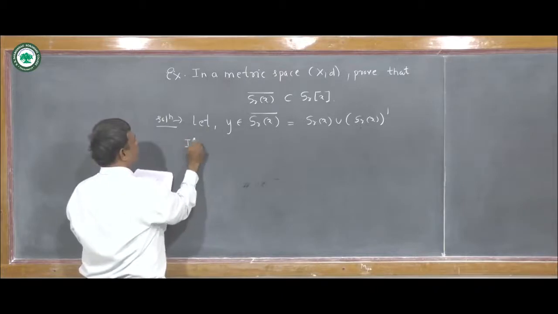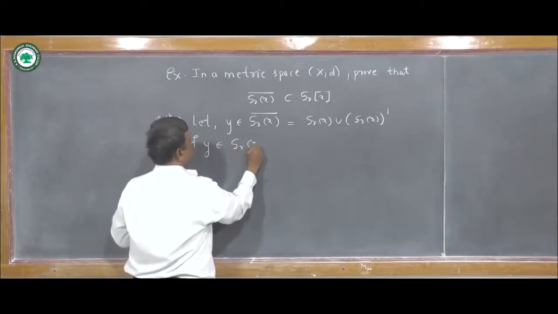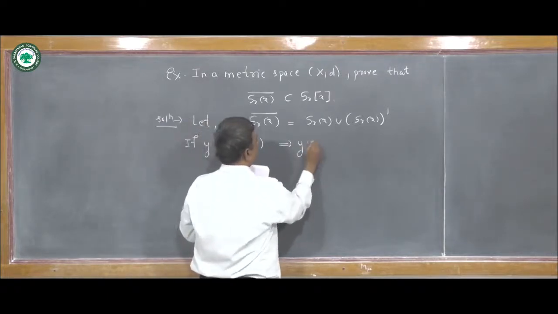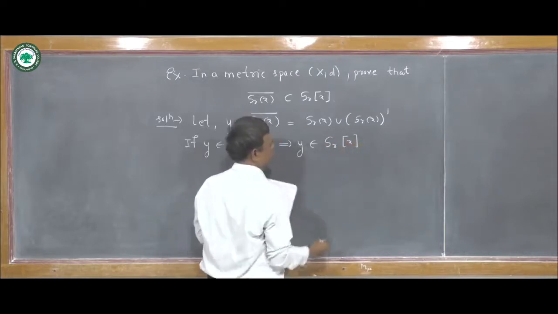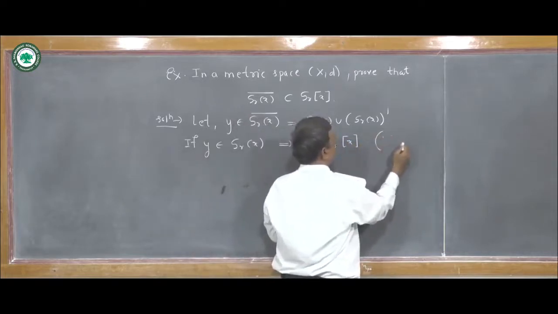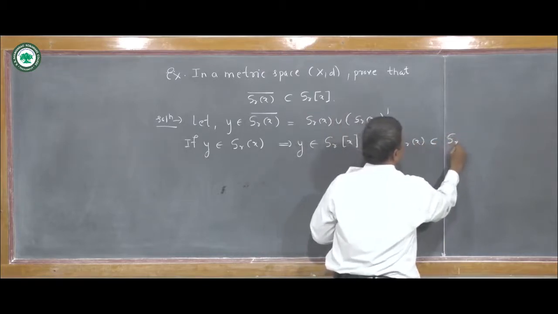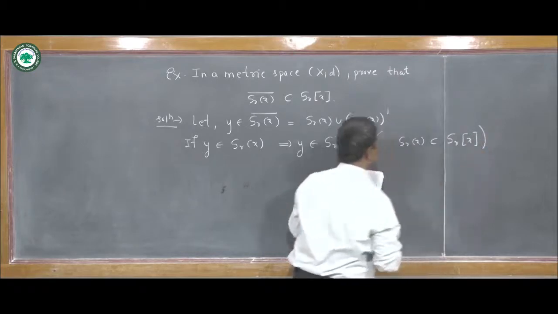Now if y belongs to this open sphere S_r(x), then y belongs to the closed sphere, because we know that the open sphere is properly contained in the closed sphere.